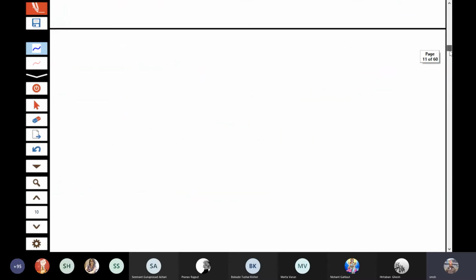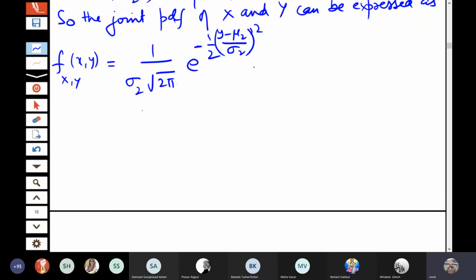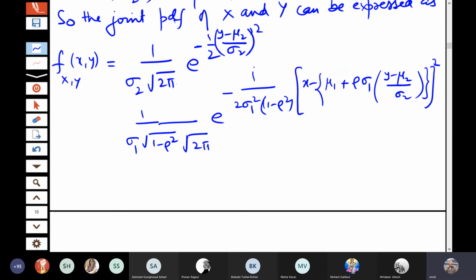So that I will write here as multiplied by 1 by sigma 1 root 1 minus rho square root 2 pi e to the power minus 1 by 2 sigma 1 square 1 minus rho square into x minus mu 1 plus rho sigma 1 y minus mu 2 by sigma 2, whole square.